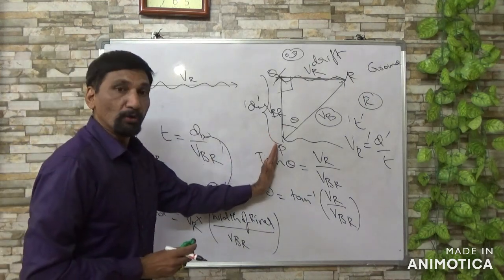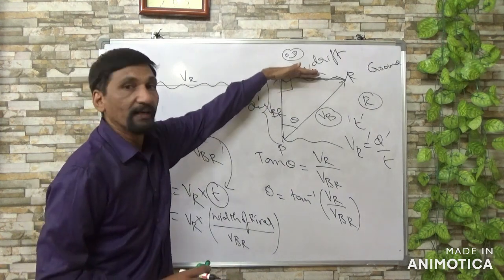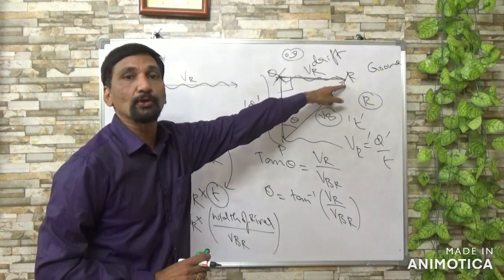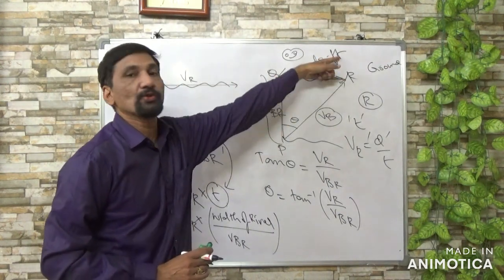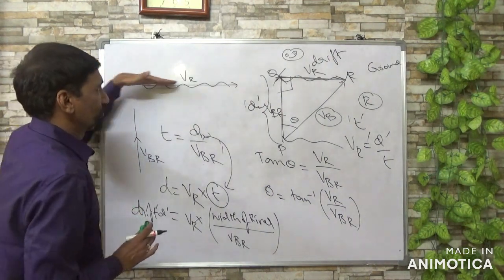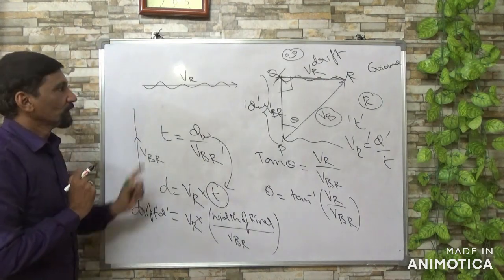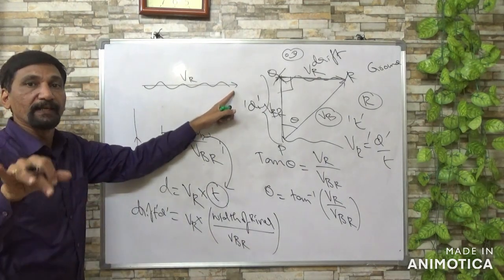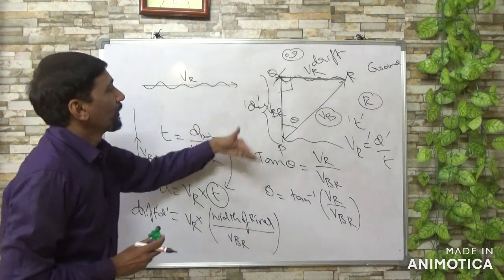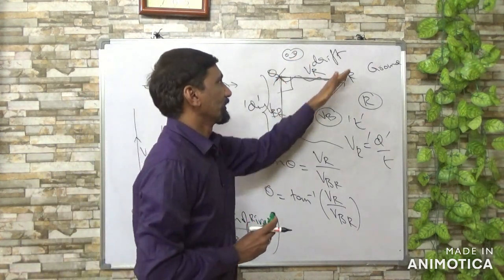It means the boatman is moving perpendicular to the direction of river flow, taking the river as reference, but he does not reach the opposite end. Instead, he reaches R. So this distance you call drift. This is the direction of river flow. When the boatman's velocity is added to the river's, he will go in this direction.